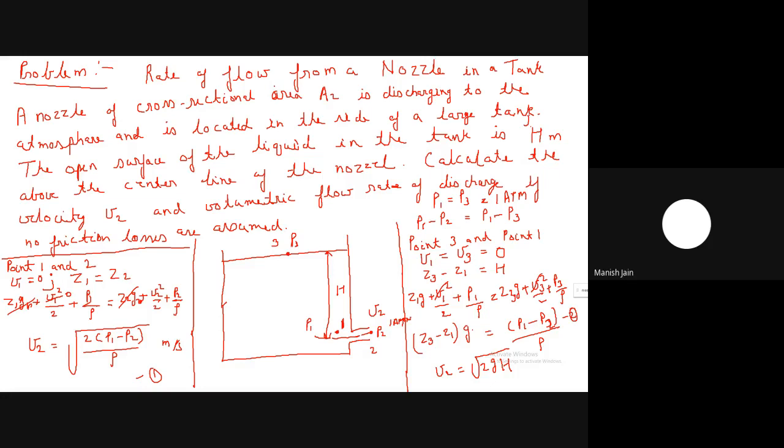If the tank diameter is large or small, the velocity will not change. It will not depend upon the diameter, and you can also observe that in experiments. So this is the formula to calculate the flow from a nozzle in a tank.